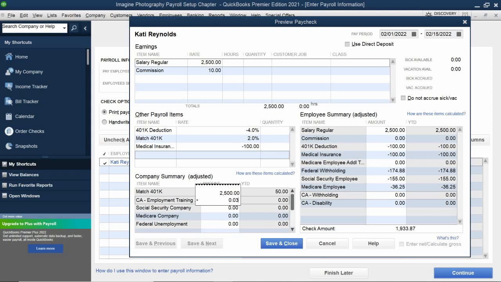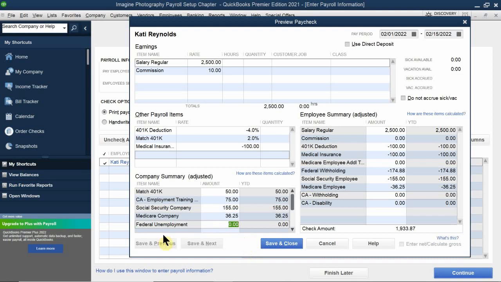So in this case, 3%. Social Security, since we already calculated it over here, we're just going to transfer that information here. So it's $155. Medicare is $36.25.